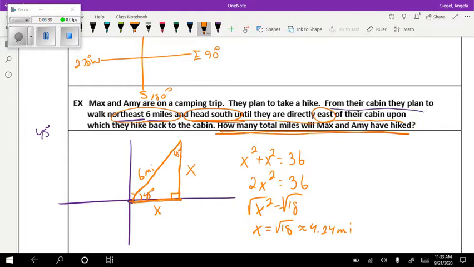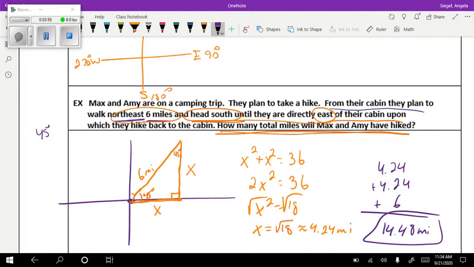Now I'm just going to add all the side lengths together: 4.24 plus 4.24 plus 6, and I end up getting 14.48 miles. So that's how long their hike was.